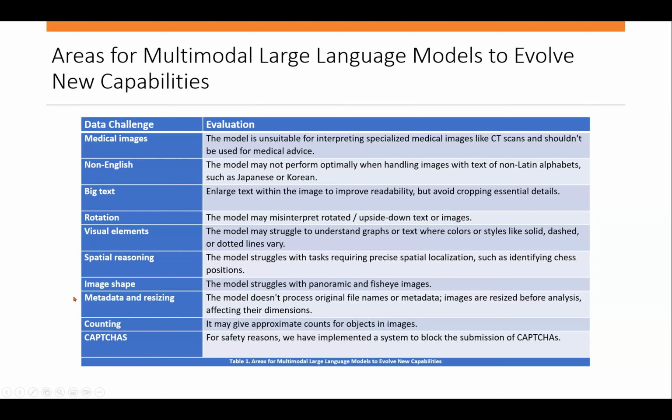Different bizarre ways of looking at an image, a typical 2D image versus a panoramic or fisheye, are good tricks. It does not really try to mine the metadata or the size of the image. This is somewhat important, but a little bit technical.